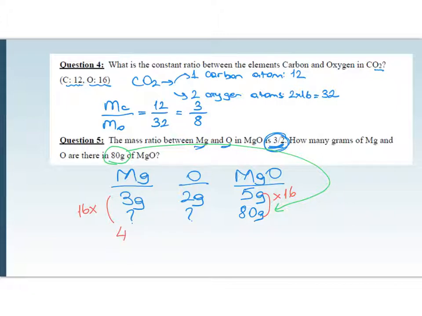So you're going to find 48 grams of magnesium and 32 grams of oxygen. So if you would like to check yourself, does 48 plus 32 make 80? Yes, so you have already found this 80 grams of product here. Then this means that you made the correct calculation with the correct math.